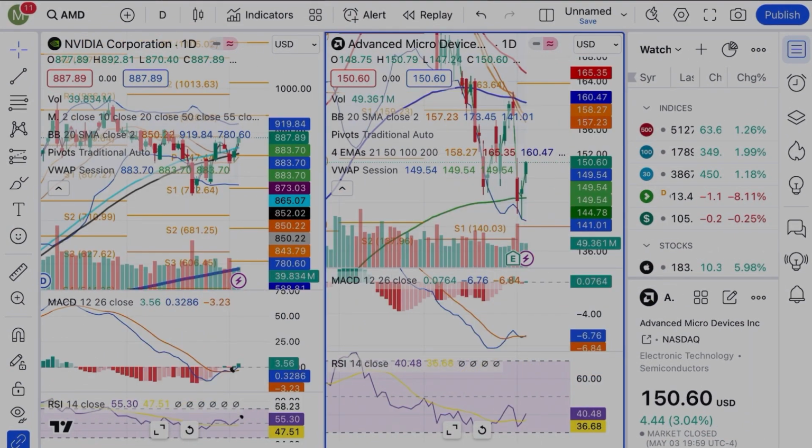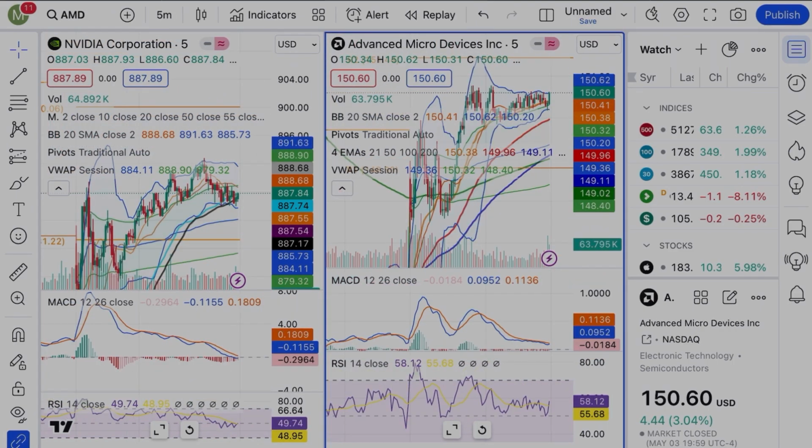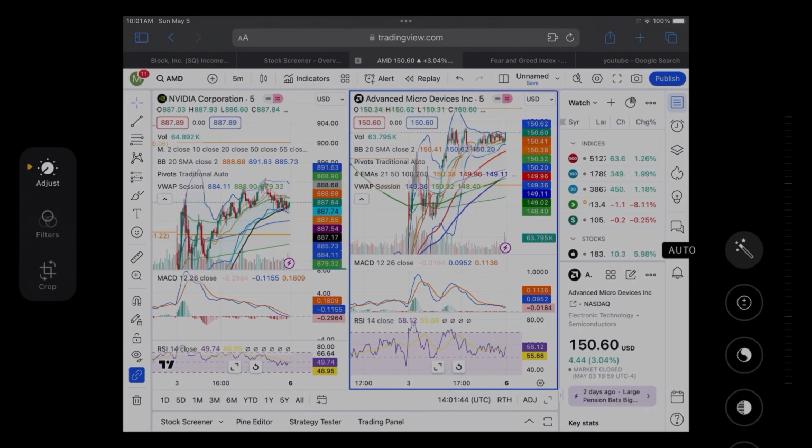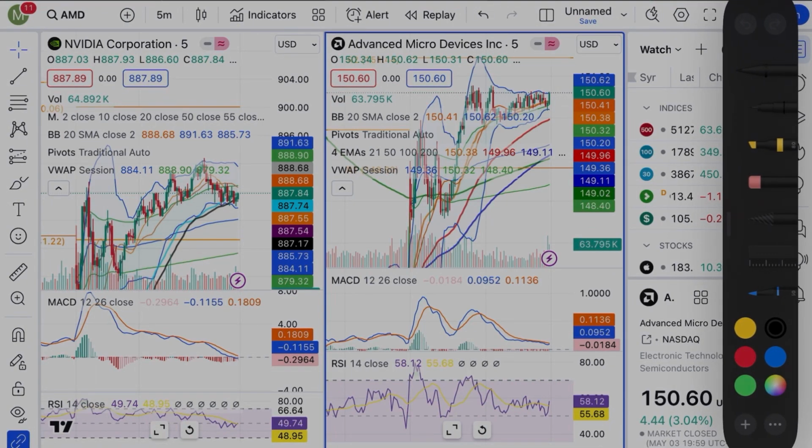So that's the daily and the weekly. Now let's look at shorter time frames, just in case you don't want to swing trade and you want to do a quick scalp move, right? So they are both held up by moving averages, right? AMD is right on top of the VWAP.